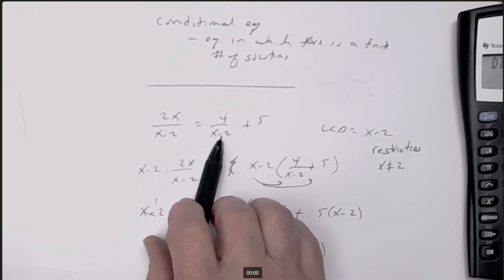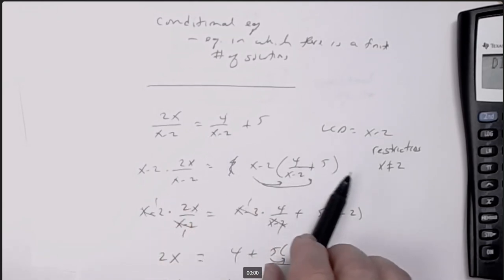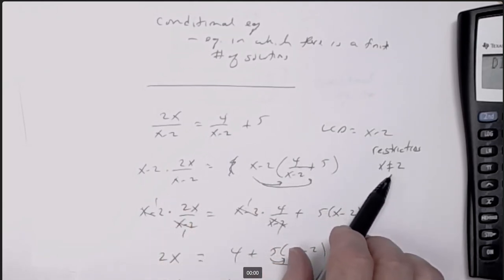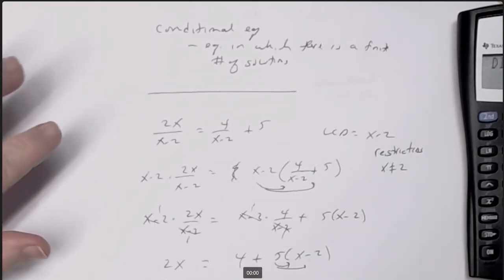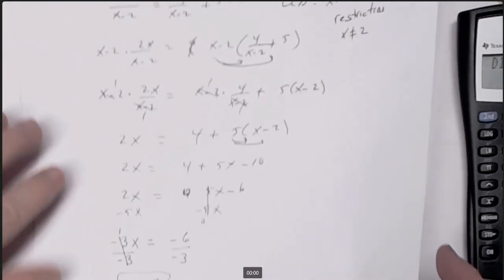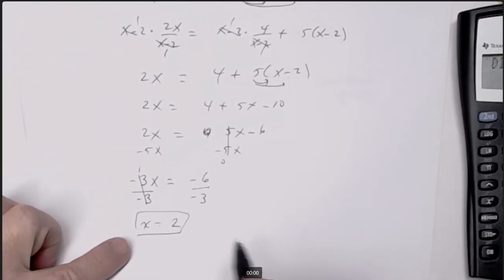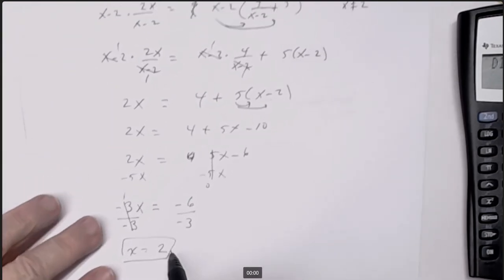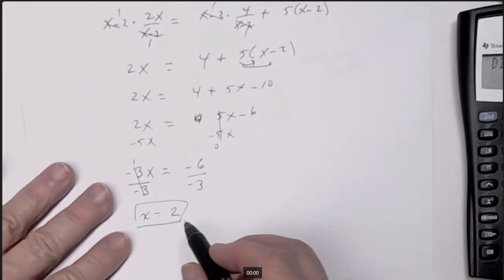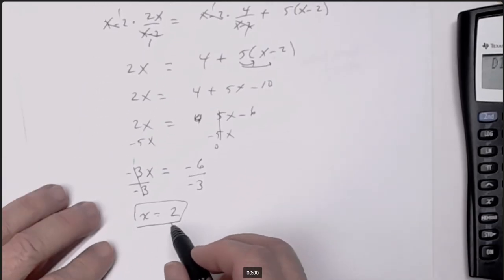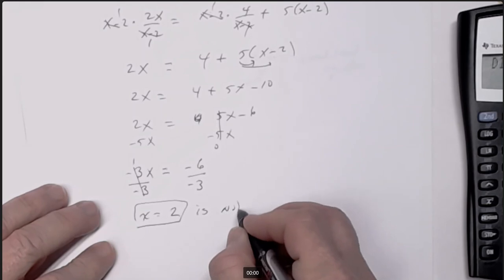But notice, when I solve this equation, what did I end up with? 2. But that is a restriction. So that means that x equals 2 is not a solution. X equals 2 is not a solution.